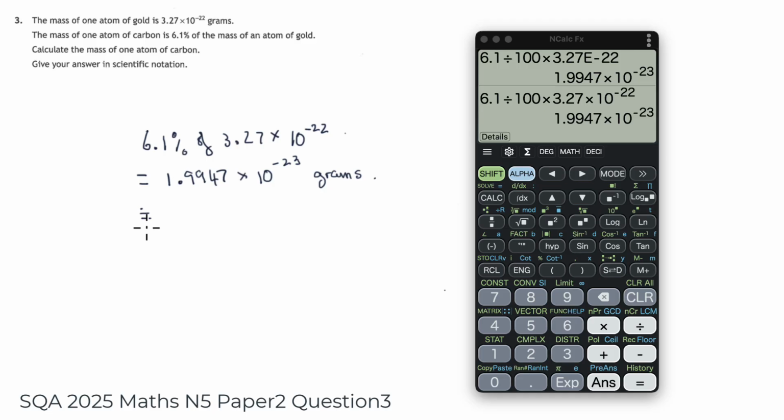Sometimes it's the case that if you're given a number to 3 significant figures, as in here, that we would round this to 3 significant figures, which would be 1.99, chopping the 4 off. This just stays the same. But we'd have to explain what we're doing, but you'll get full marks for that previous answer. So in this case I'm doing it to 3 significant figures.